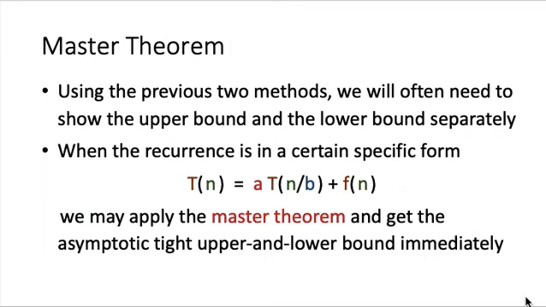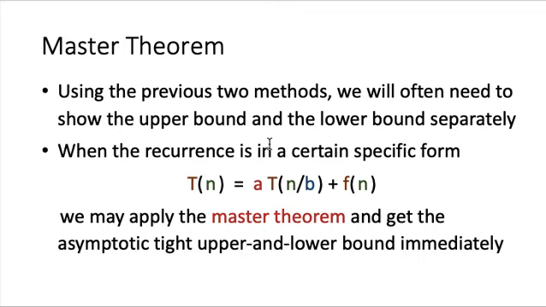And finally, let us look at the master theorem. Now, with the previous two methods, we will often need to show the upper bound and the lower bound, so in the asymptotic sense, separately.